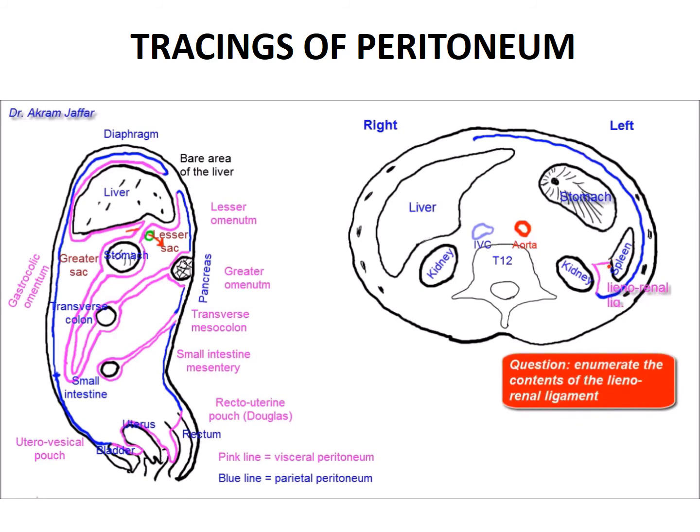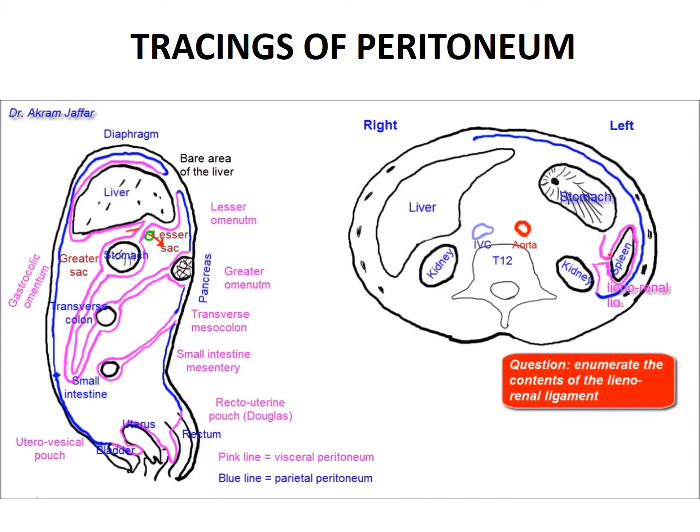Peritoneum completely encloses the spleen. So the spleen is an intraperitoneal structure, and it returns back to the hilum of the spleen, where the lieno-renal ligament was originally attached. This is the region of the hilum of the spleen where vessels pass in and out of the spleen.